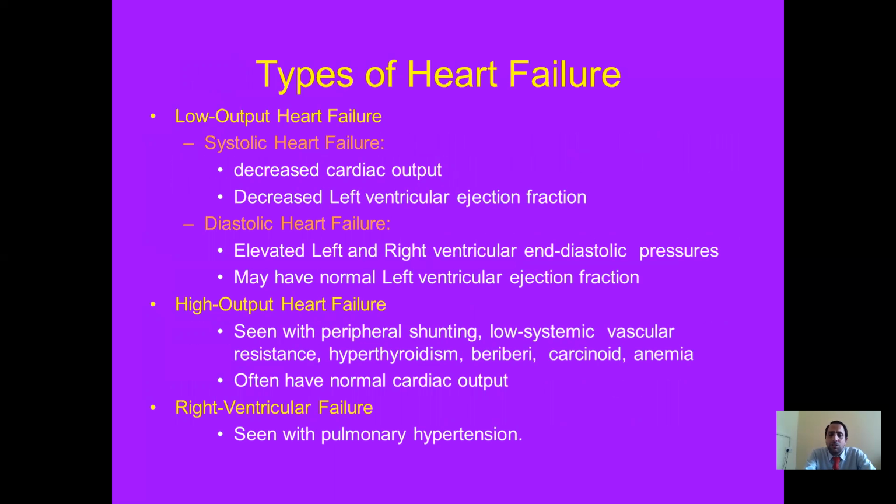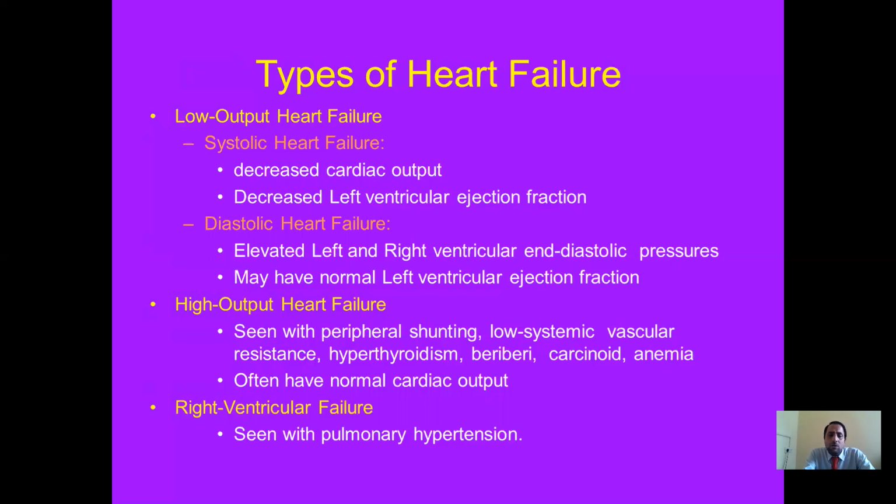Now, if we talk about the types of heart failure, first is low output heart failure, which is due to systolic heart failure. The symptoms include decreased cardiac output and decreased ventricular ejection fraction. Now, diastolic heart failure: there is an elevated left and right ventricular end diastolic pressure, and normal left ventricular ejection fraction.